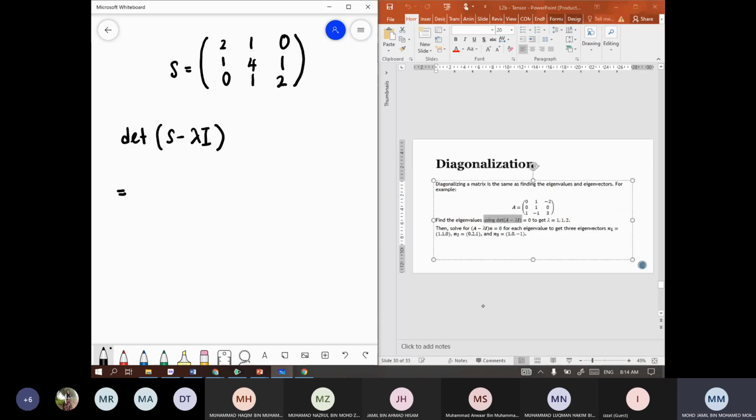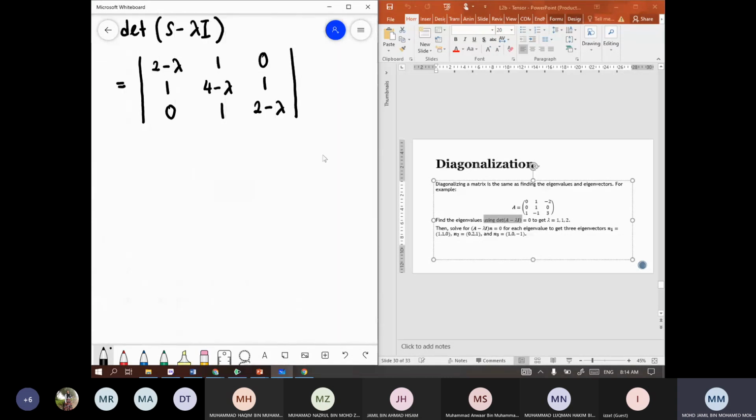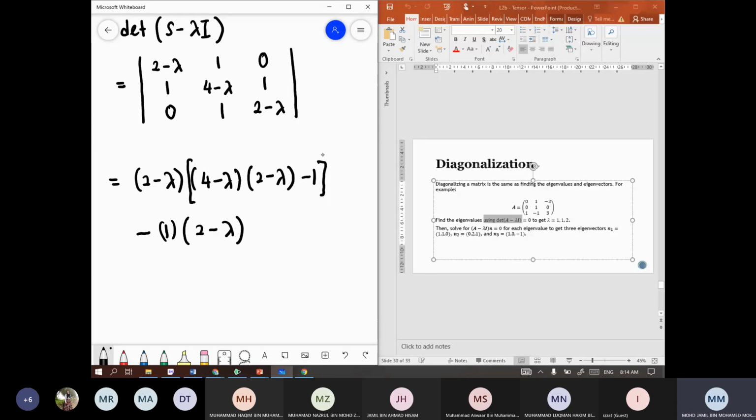And then we get, then you can expand this to get the determinant. Then further expand this equation.